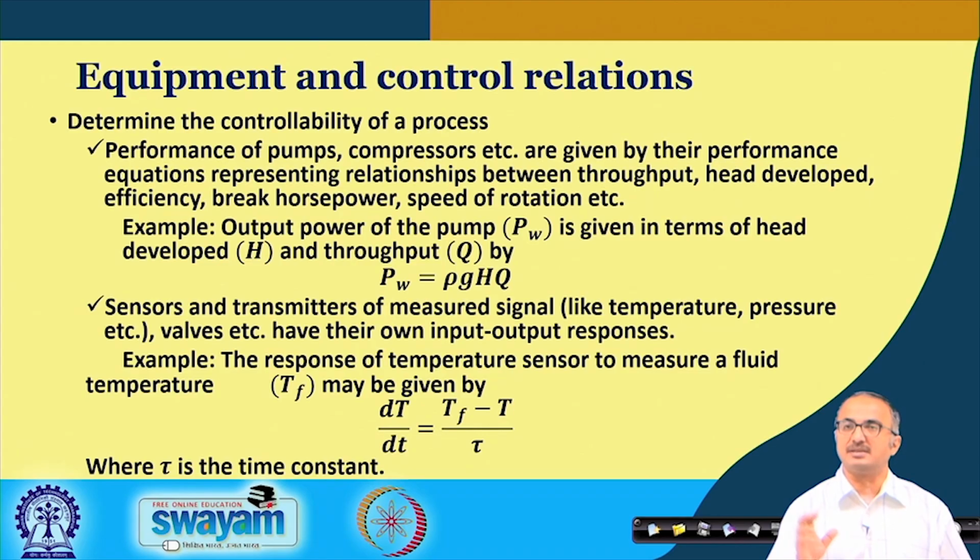And these dynamics, how the temperature is changing and how a particular sensor would respond to any new ambience around it, will be given by some kind of relationship, one of which I have shown here. Here you can see a parameter tau, that is the time constant, and this time constant tells us how fast a particular sensor would react to any changes. So these are equations which correlate the input and output.